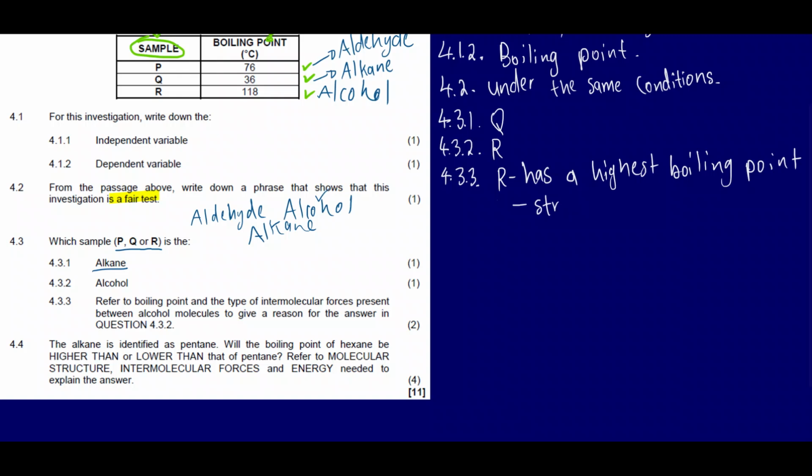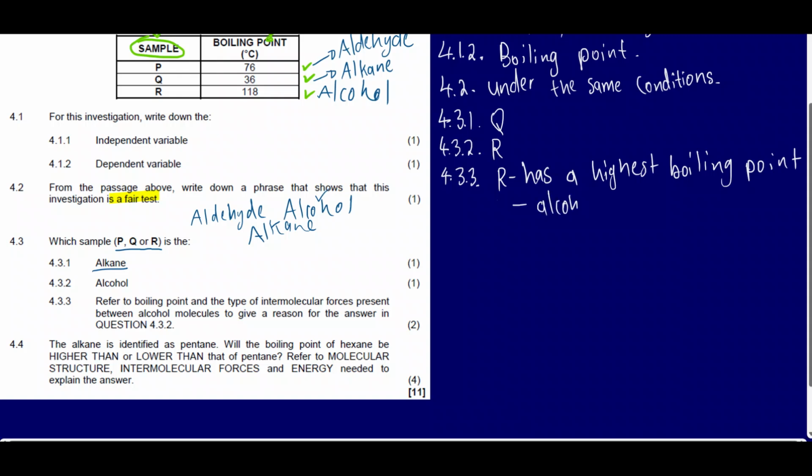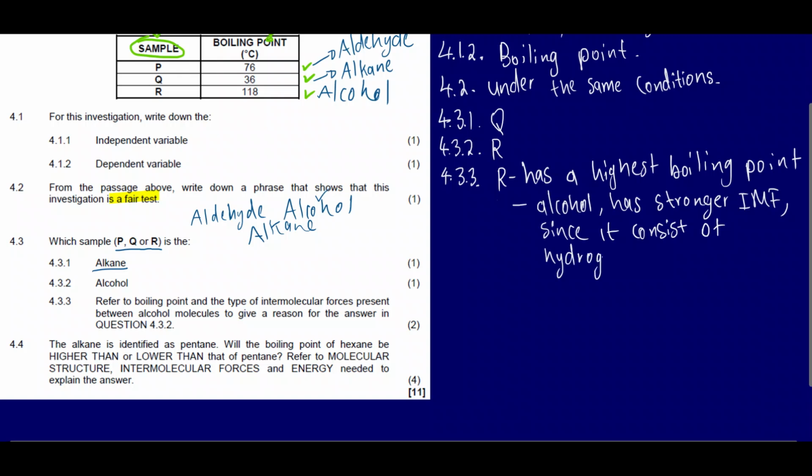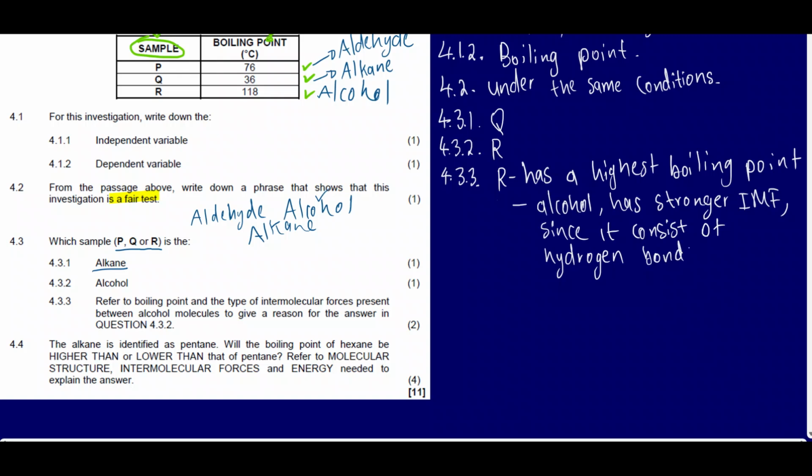So another point: alcohol has stronger intermolecular forces, since it consists of hydrogen bonds between molecules, right?